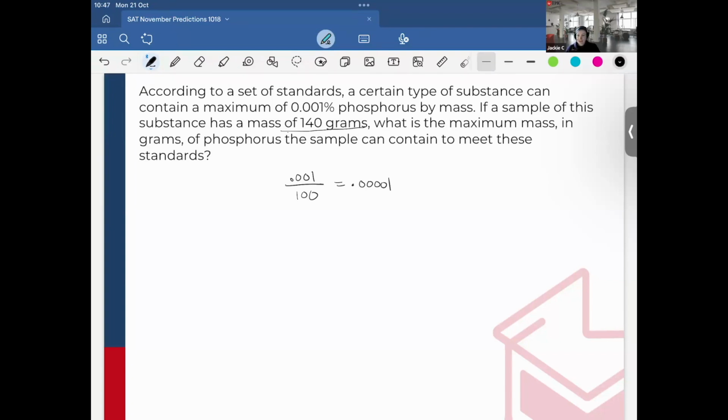So basically, I just need to multiply this percent by 140 grams. Just be super careful when putting in the zeros in your calculator. So this would be 0.0014, and that would be the correct answer.